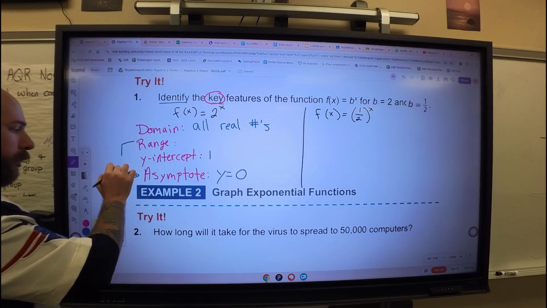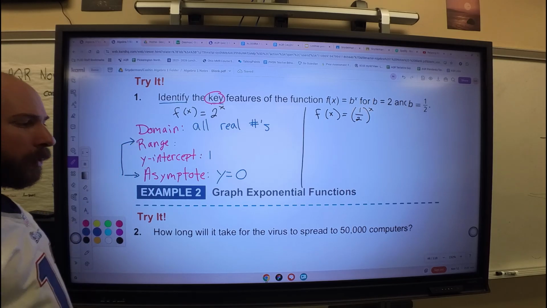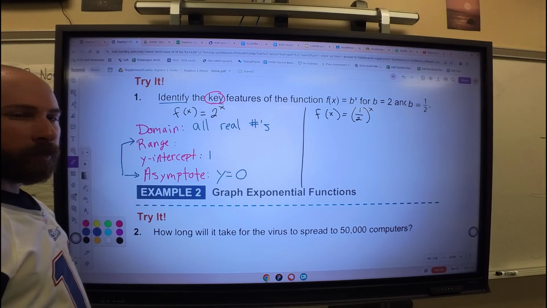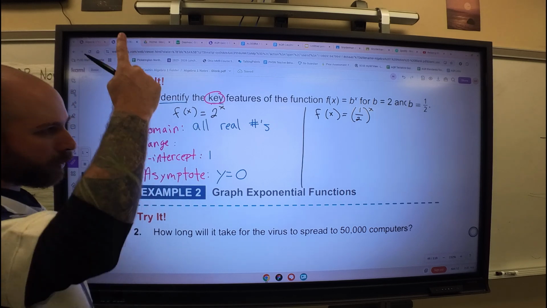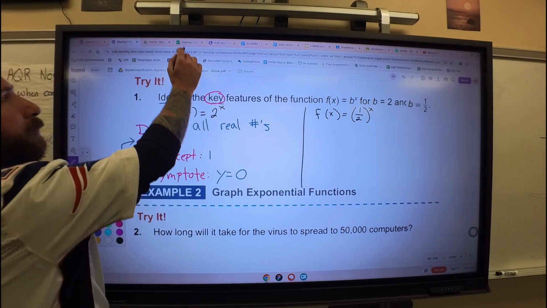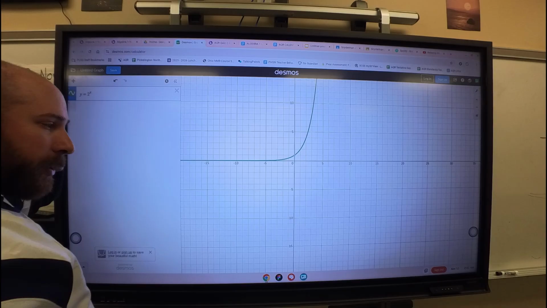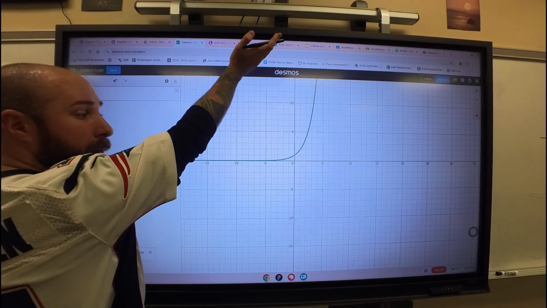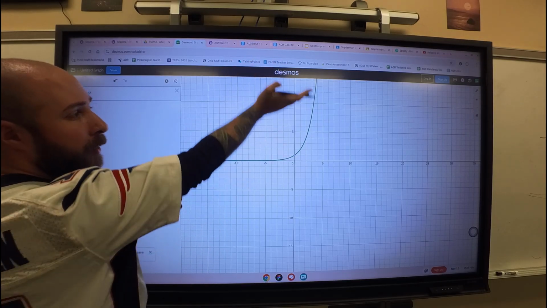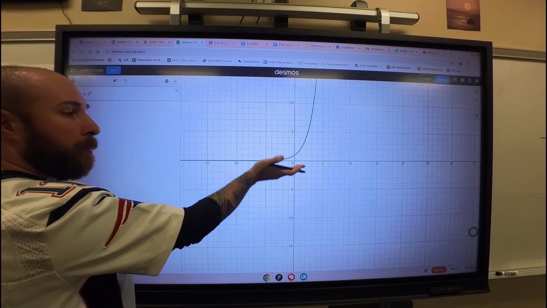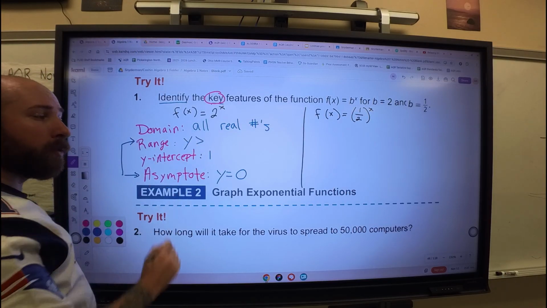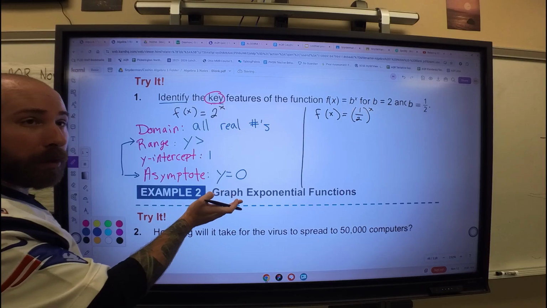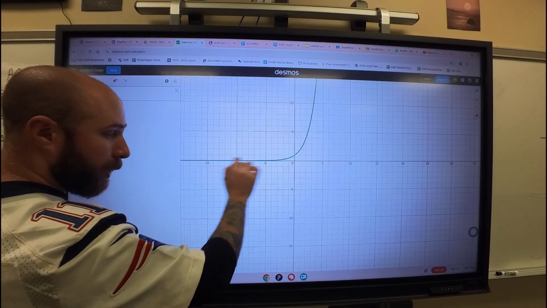Now your range is always going to go hand in hand with your asymptote. Wherever your asymptote is, that's where your range is going to start, whether it's going up or whether it's going down. And if we look at this graph here, do we see how this entire graph is above that line? It's above that asymptote. When it's above, we're going to say y is greater than that same number, right? In our case, y is greater than 0.